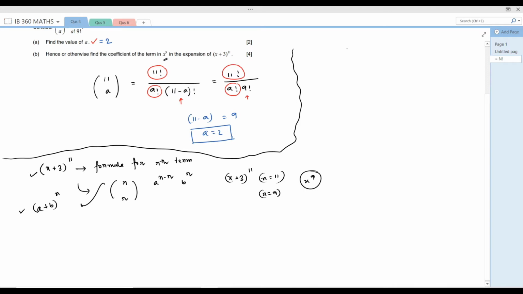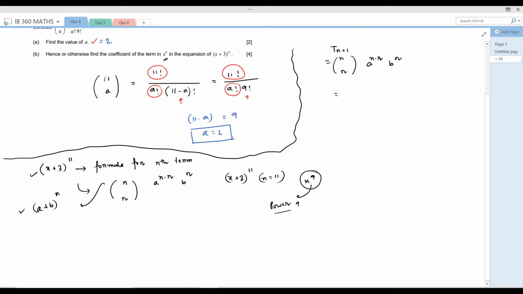See the formula, that is T(r plus 1) equals nCr a to the power n minus r and b to the power r. So from here you can see, this is not r, this will be the value of the coefficient, that is x to the power 9.